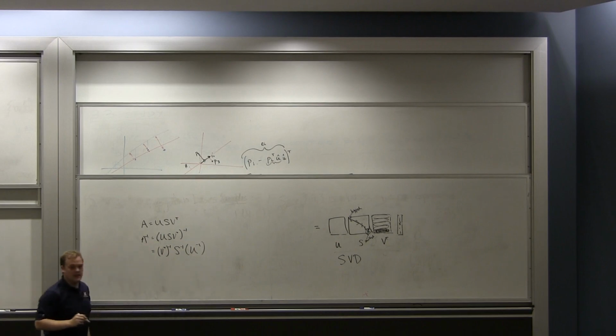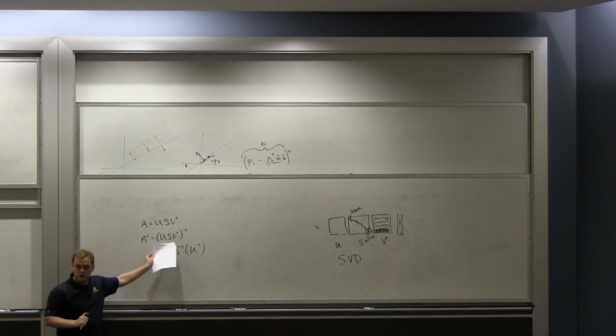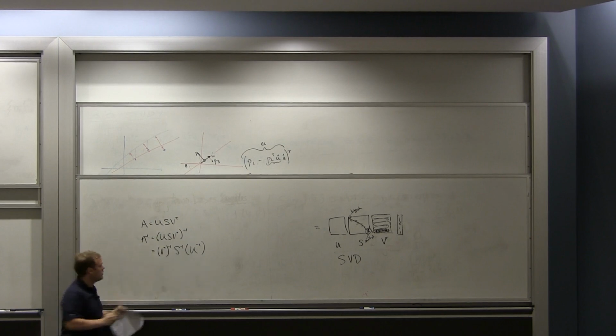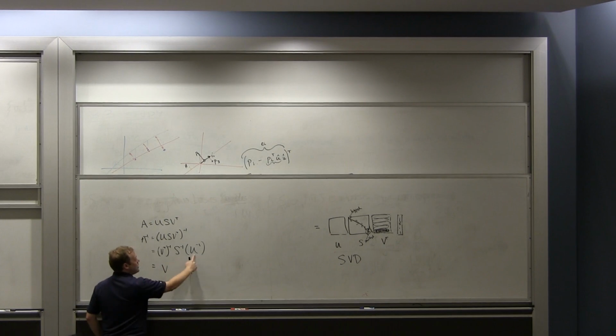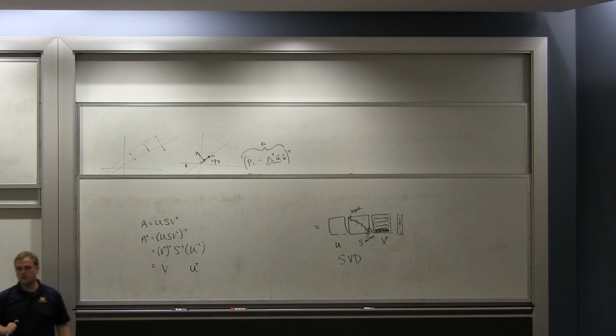This hasn't really done anything interesting yet, but now exploiting the property, since V is an orthonormal matrix, V transpose inverse is V. And U inverse is U transpose. What is S inverse?